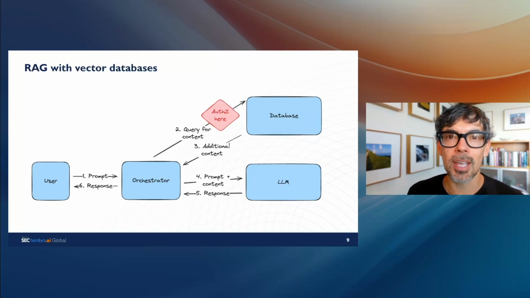It's then going to send the answer back to the orchestrator, who's going to forward this all off to the large language model, usually by stitching together some prompts. So it'll say, hey, you're a helpful assistant, you help users answer questions, here's the user's question, and then it'll say, here is some additional context that you can use to answer the user's question, and it'll paste in whatever it received back from the vector database.